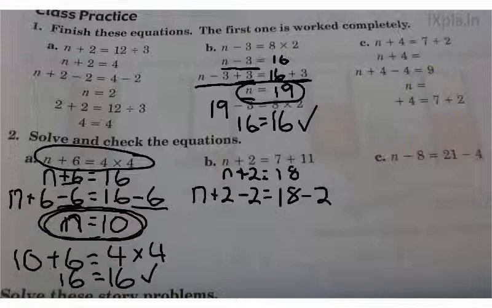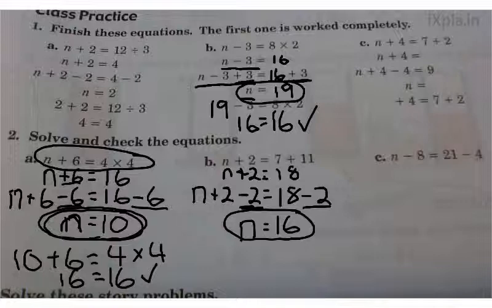Remember, whatever you do on one side, you have to do on the other. If we did a minus 2 there, we need to do a minus 2 on the other side. Okay, n plus 2 minus 2 is just n. 18 minus 2 is 16. So our answer is n equals 16.